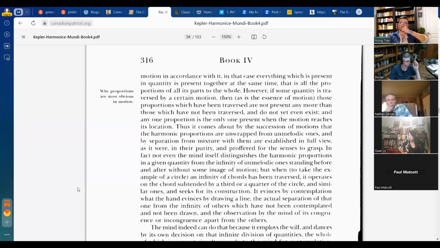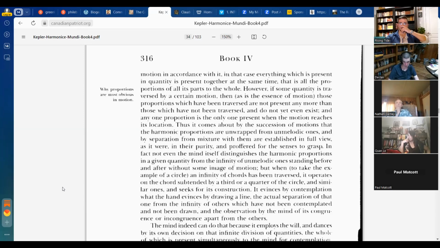But when, to take the example of a circle, an infinity of chords has been traversed, it operates in the chords subtended by a third or a quarter of the circle, and similar ones, and seeks for its construction. It evinces by contemplation what the hand evinces by drawing a line, the actual separation of that one from the infinity of others, which have not been contemplated and not been drawn, and the observation by the mind of its congruence or incongruence apart from the others.